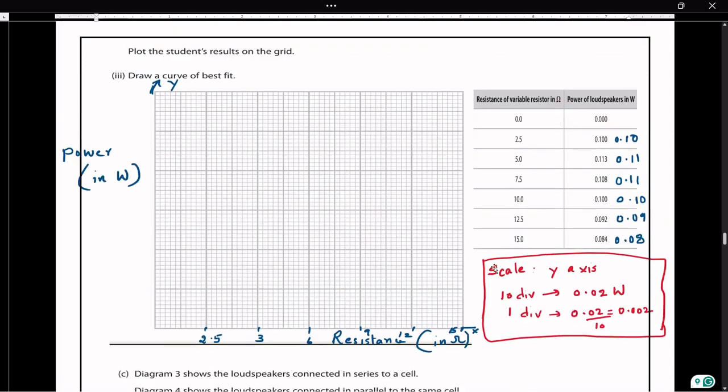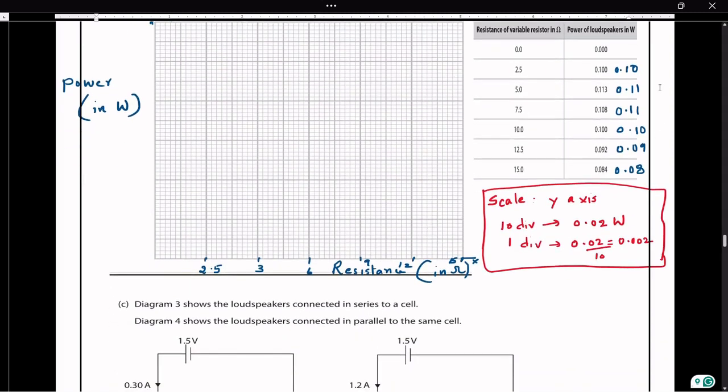Y-axis we can take in steps of 0.01. Each box is 0.01 because it is changing up to 0.11, but the smallest number is 0.09.